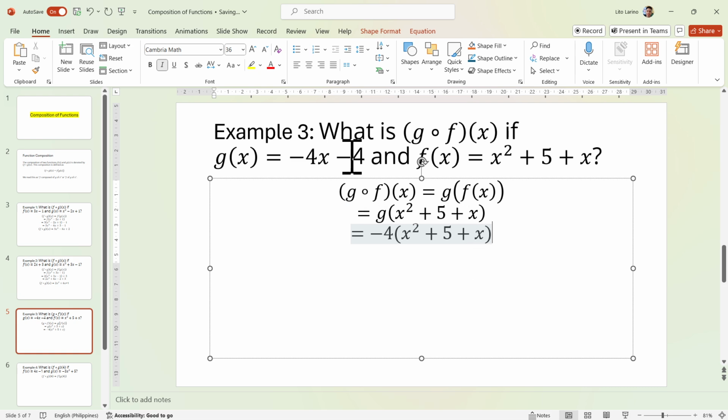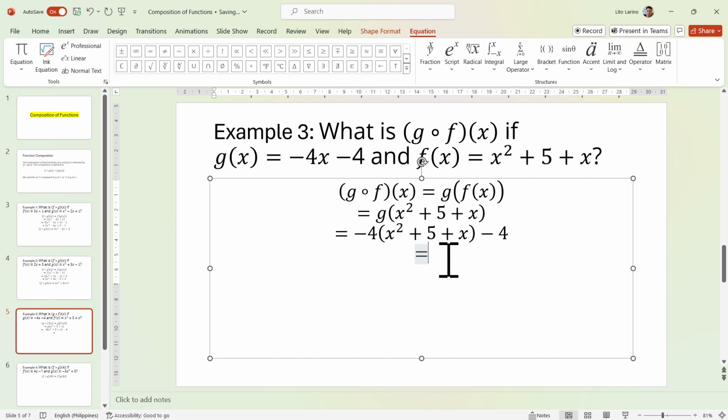And then let's go back to expression g of x. We have minus 4. And then simplifying this, we have negative 4 times x squared is negative 4x squared. Then negative 4 times positive 5 is negative 20. And negative 4 times x is negative 4x, minus 4.